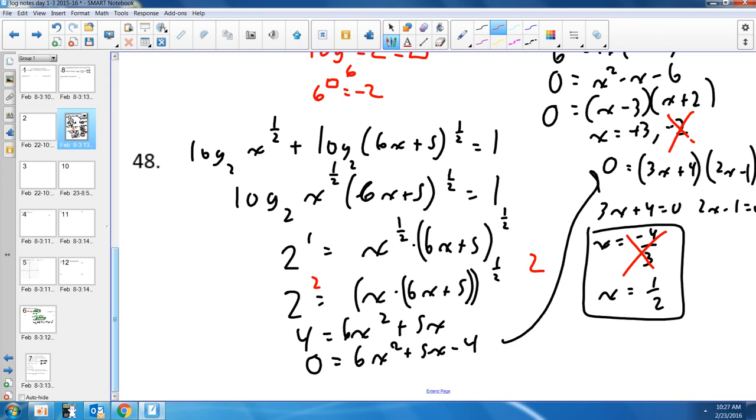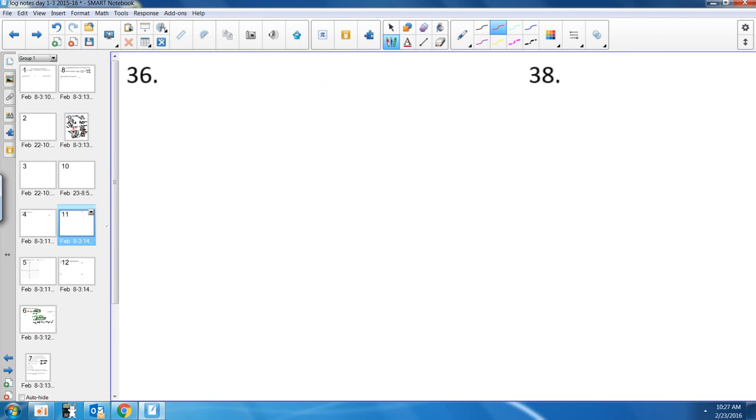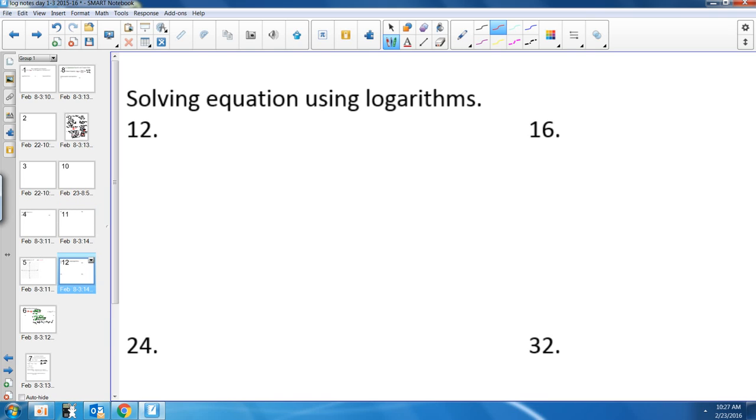All right, a couple more problems on the change of base law. I'd like to do problem number 12 and let's say 16, 12 and 16 on A32.